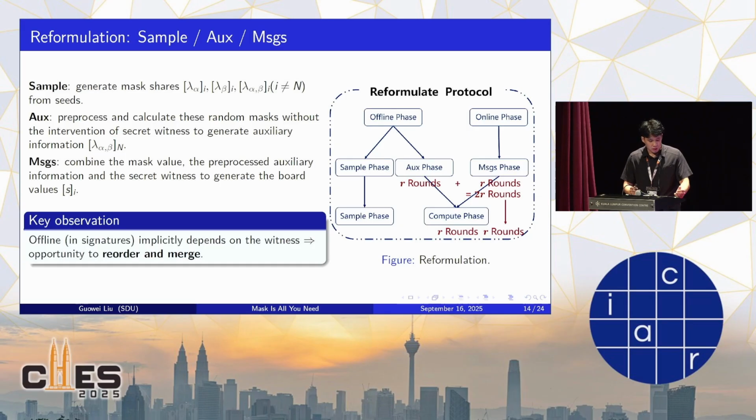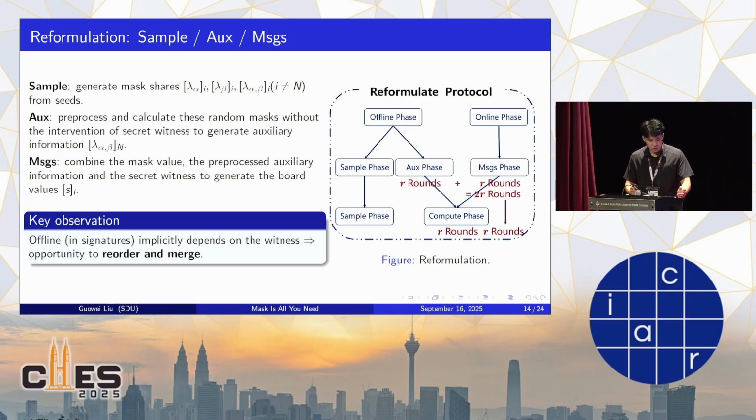shares. For the auxiliary phase, using only these masks, we evaluate the circuit to compute the auxiliary information, lambda alpha beta n. This phase relies on the structure of the circuit. And for the message phase, we combine the masked values with the pre-processed auxiliary information and the witness to produce the broadcast shares si.